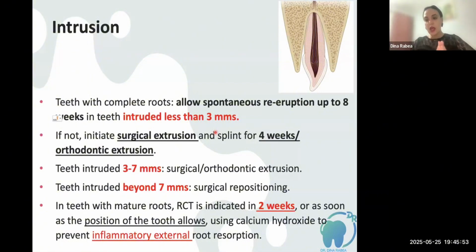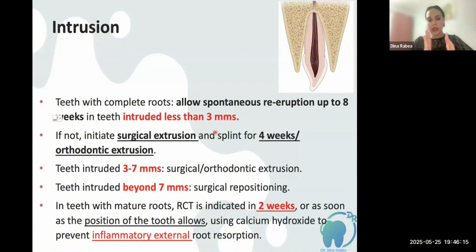These teeth will not re-erupt spontaneously at any cost. And if the teeth are intruded beyond 7 millimeters, the only hope we have is surgically repositioning the teeth and resplinting. 7 millimeters is too far for a tooth to move by itself.